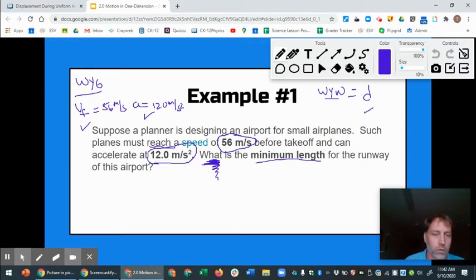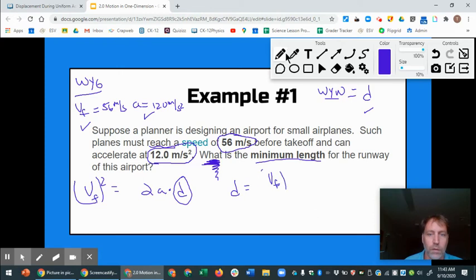Okay, so here's our equation, VF, and the whole thing is squared, so I'll put it in parentheses, equals 2 times acceleration times distance. What we're going to have to do is solve this equation for distance. So distance, when we rearrange our equation, would be VF squared divided by 2A.